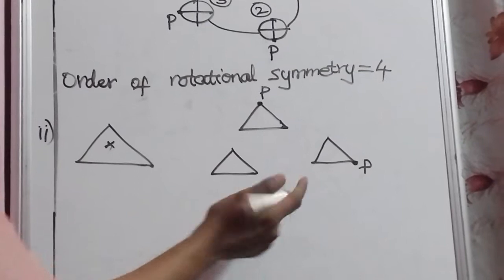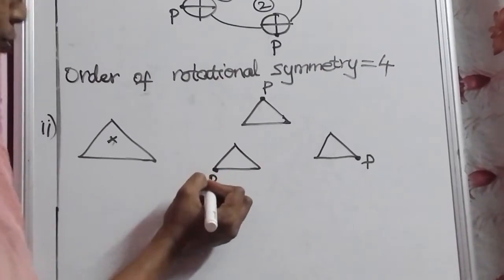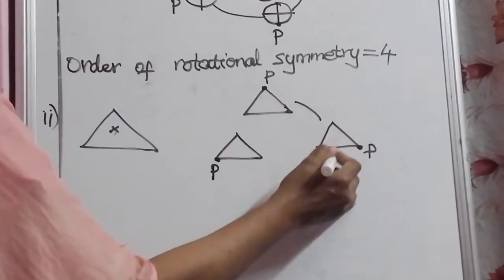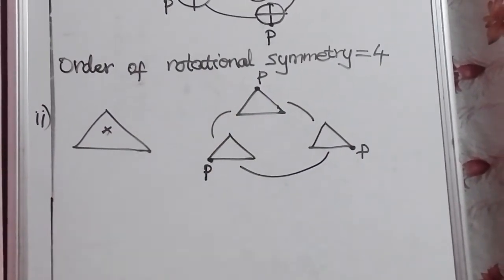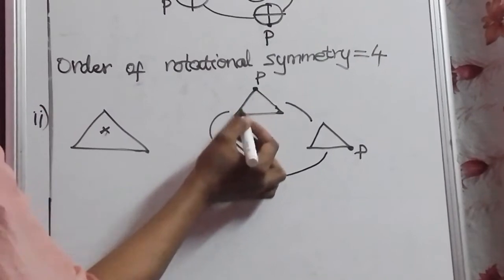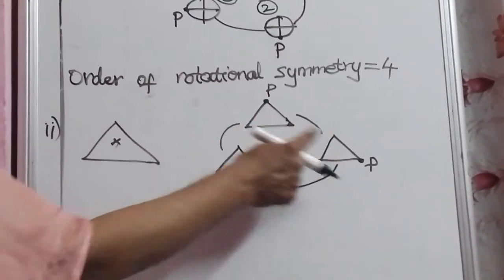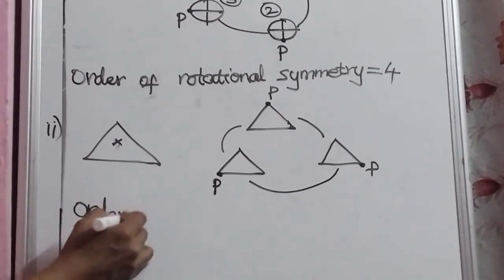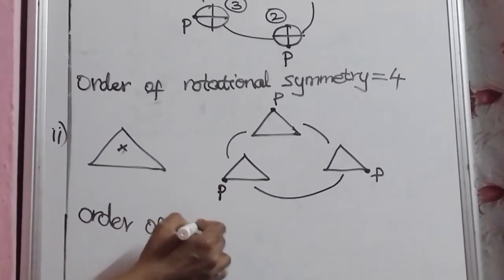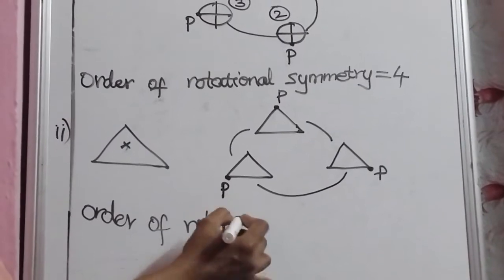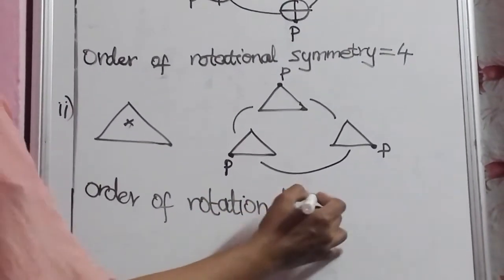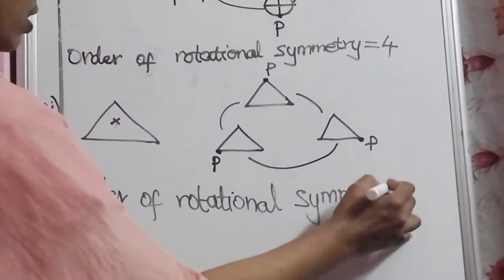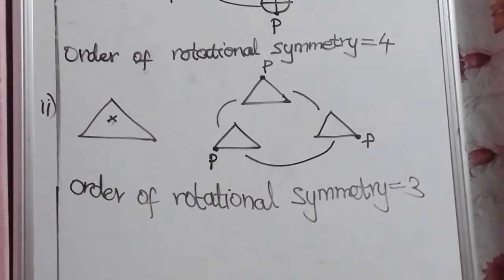The point will move to this part, and then again the point is going to come to the original position. So the angle is not important here. The shape is same. How many times is the shape same? 3 times. So the order of rotational symmetry for this particular triangle is 3.